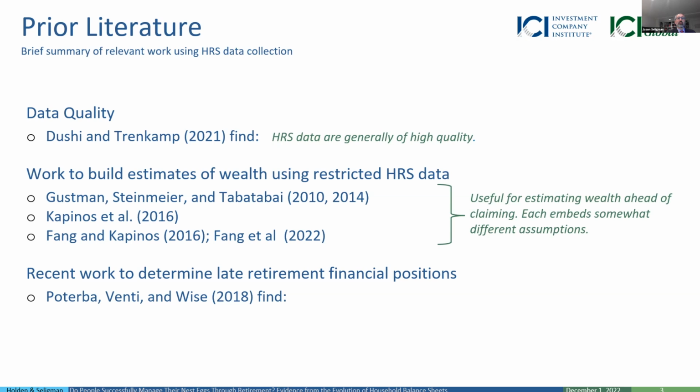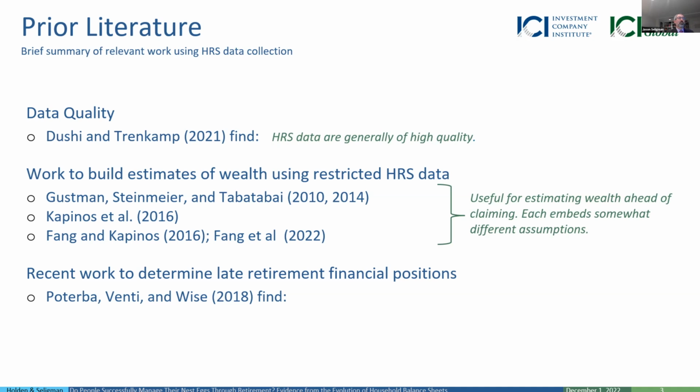They stop issuing any sorts of wealth estimates once a person does claim Social Security. So that's a little bit challenging for researchers like Sarah and myself that want to study how people are doing once they're retired. And then each of these different approaches uses different assumptions. Because of that, the data change a little bit, and the implications for some parts of the population on margins of, say, deciles or whatever are going to change over time.